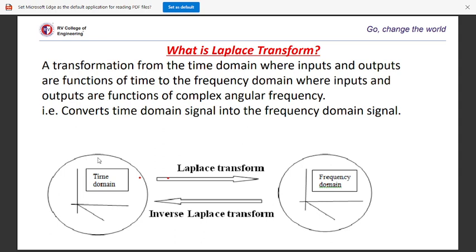Clearly, the Laplace transform converts a time domain signal into a frequency domain signal. In a similar way, to convert a frequency domain signal into a time domain signal, we are going to consider the inverse Laplace transform, which will be discussed later.